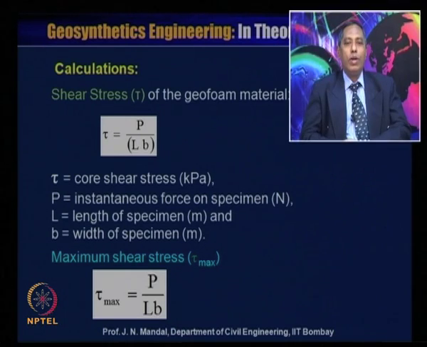Tau is equal to P divided by L into B, where tau is the core shear stress in kilopascal, P is the instantaneous force on the specimen in Newton, L is the length of the specimen in meter, and B is the width of the specimen in meter. So, maximum shear stress tau max is equal to P divided by L into B.